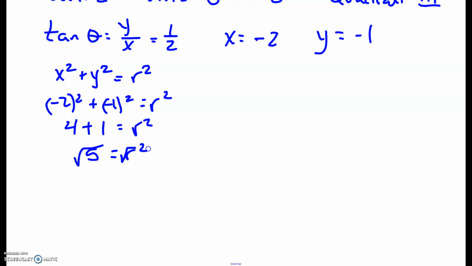Taking the square root, r is equal to the square root of 5. We don't have to worry about positive and negative because r is the radius of the circle, so we only want the positive value. So we know r is square root of 5, x is -2, y is -1.